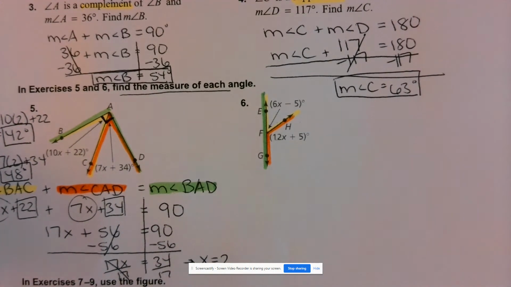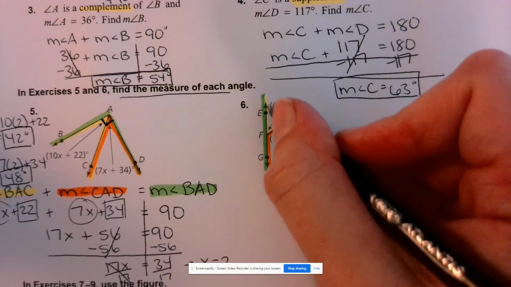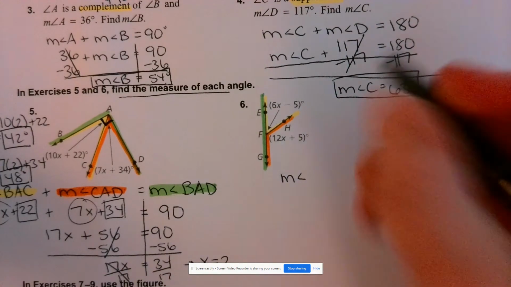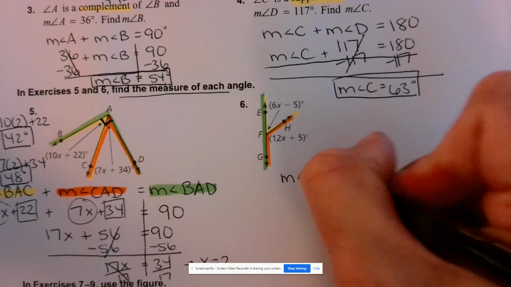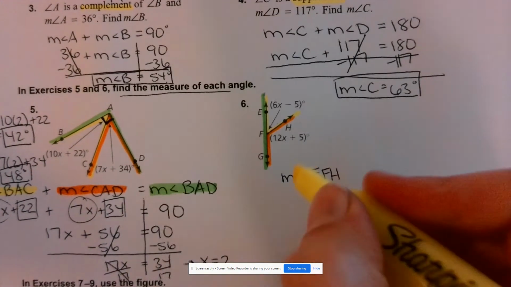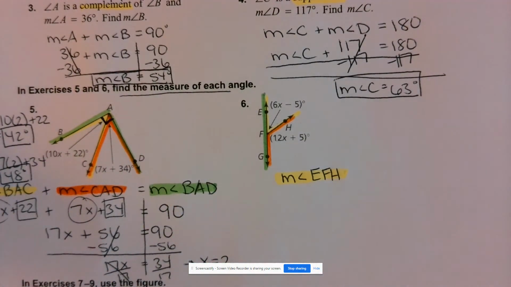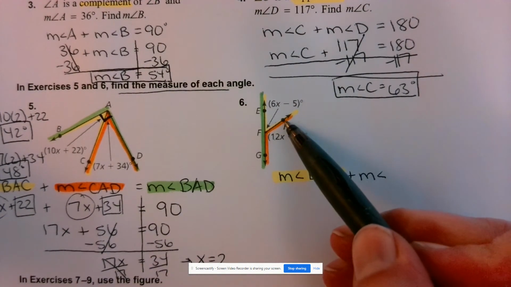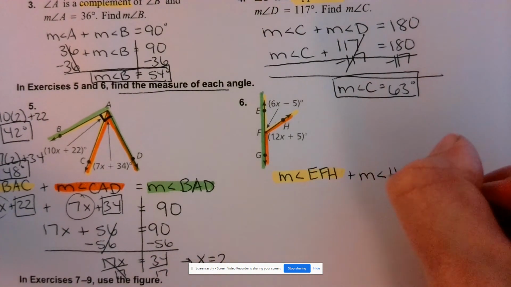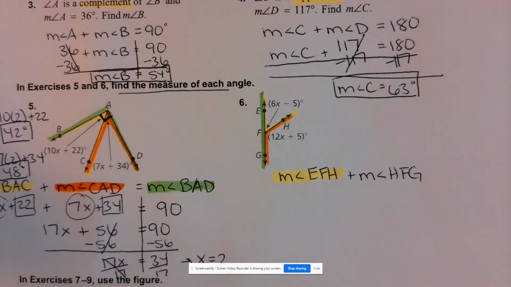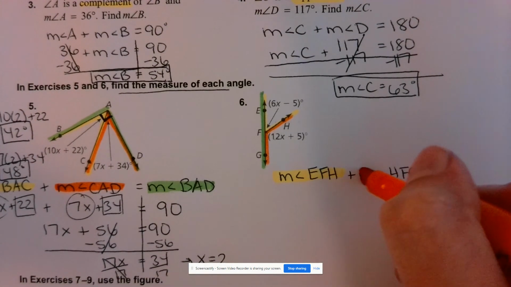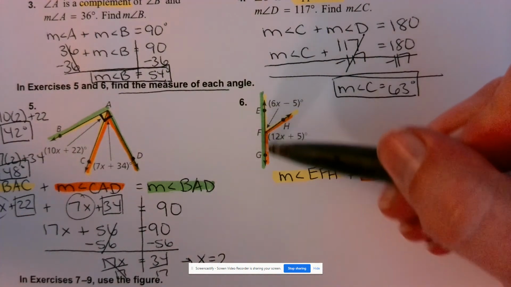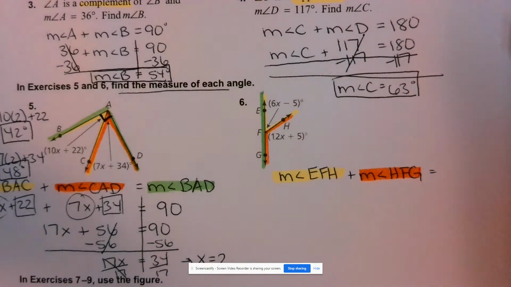Let's come up with an equation here. I know the measure of my yellow angle, the measure of angle EFH, that's my yellow angle. It must add up with the measure of my orange angle, the measure of angle HFG, my orange angle, to equal the measure of my straight angle, this green angle, which makes a straight line.